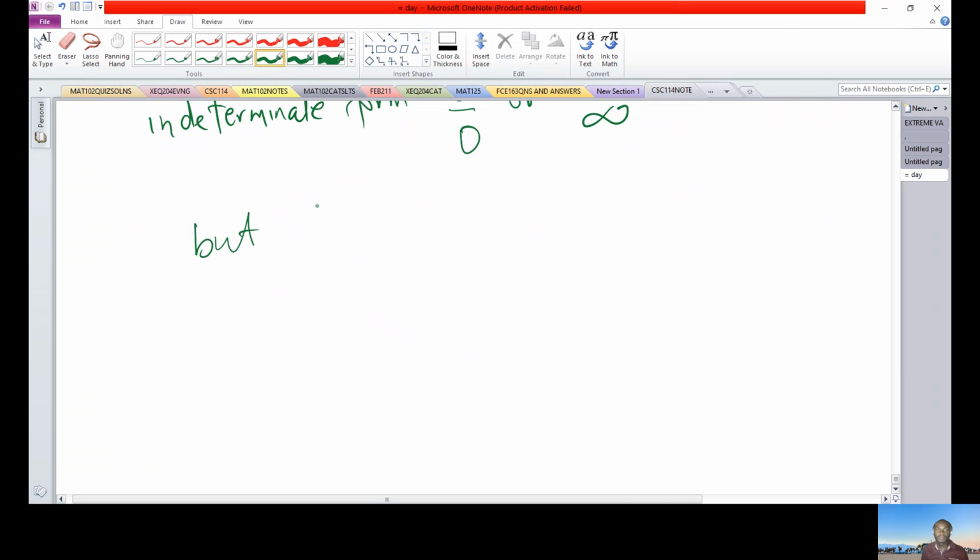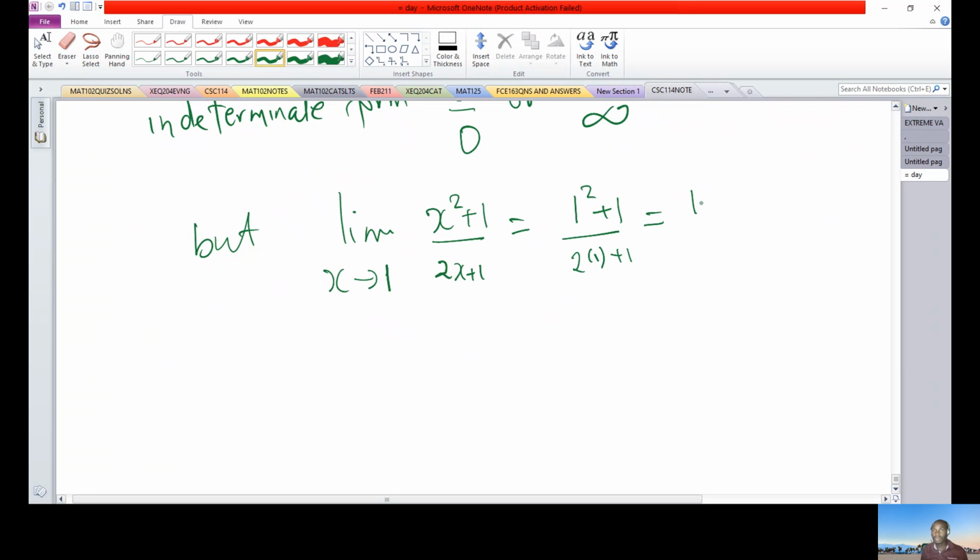But the limit of this function as x approaches 1 of x squared plus 1 over 2x plus 1 is just 1 squared plus 1 over 2 times 1 plus 1, 1 plus 1 over 2 plus 1, which is 2 over 3, evaluated just by direct substitution.